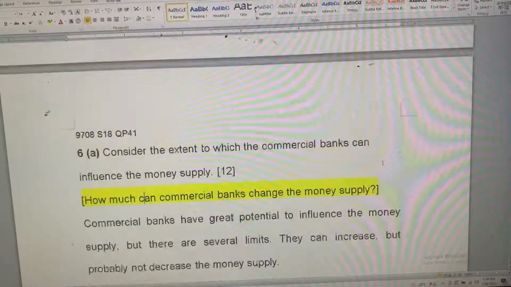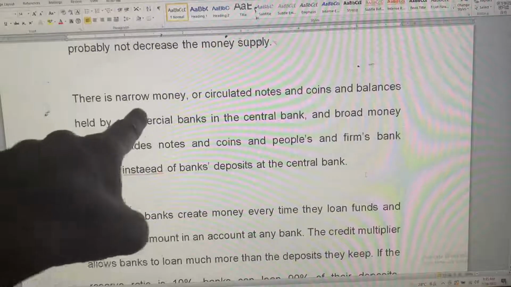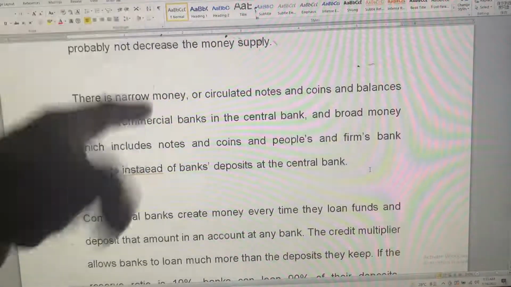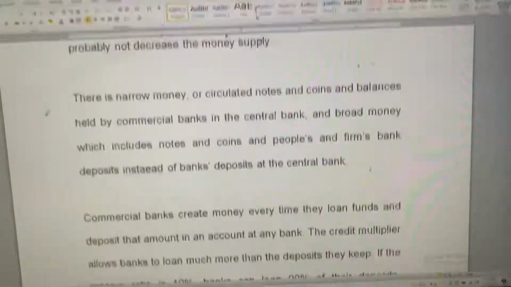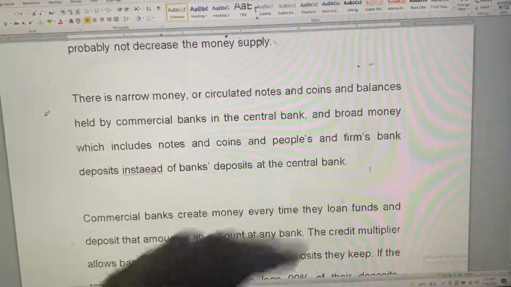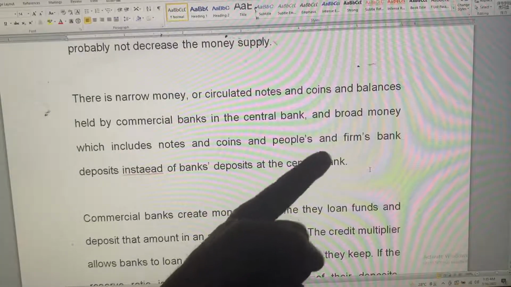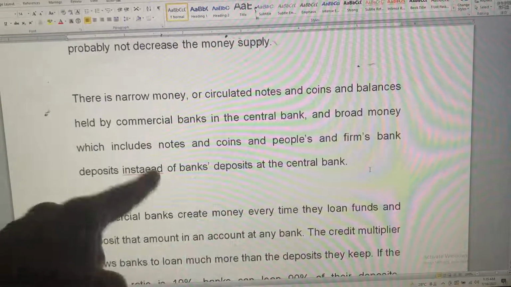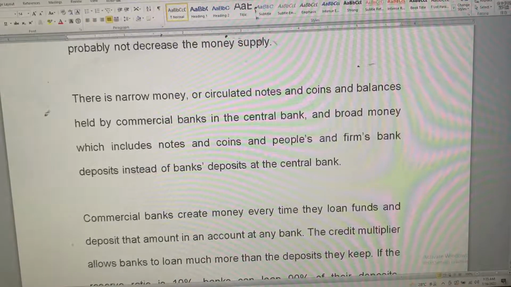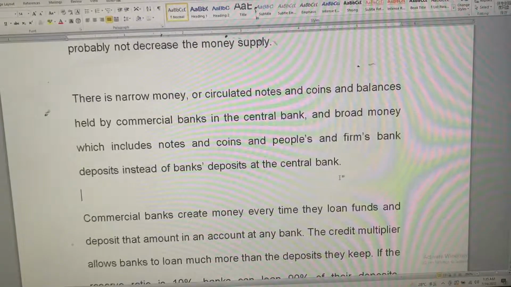So, the money supply. What is that? What is the money supply? So there is narrow money, or define it: circulated notes and coins and balances held by commercial banks in the central bank, and broad money, which includes notes and coins and people's and firms' bank deposits instead of banks' deposits at the central bank.